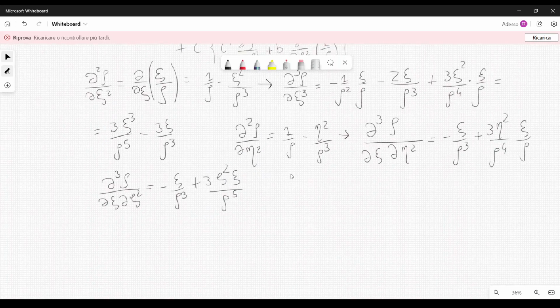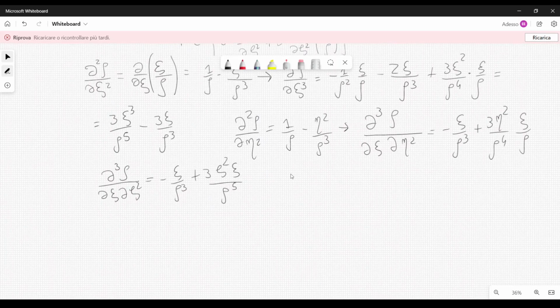Then we also need other derivatives, like the second derivative with respect to xi squared of 1 over rho.